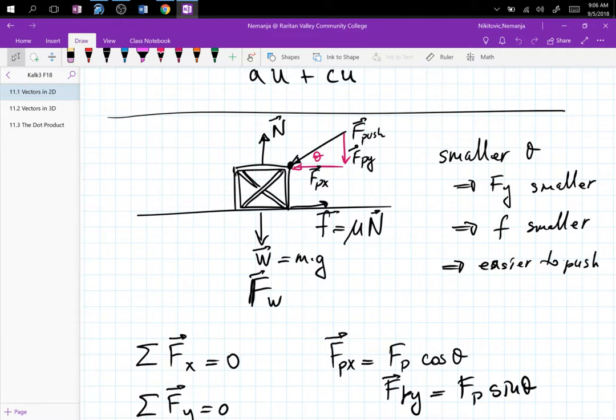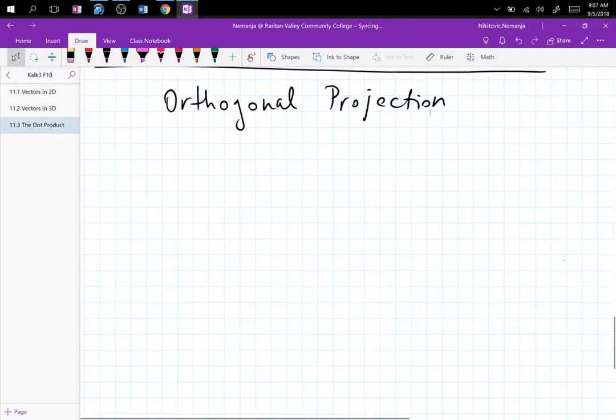That component can be computed by what we are now going to look at and call orthogonal projection. So we are going to project the vector which does the work and only take the component which actually produces the work. The other component is making everything worse.